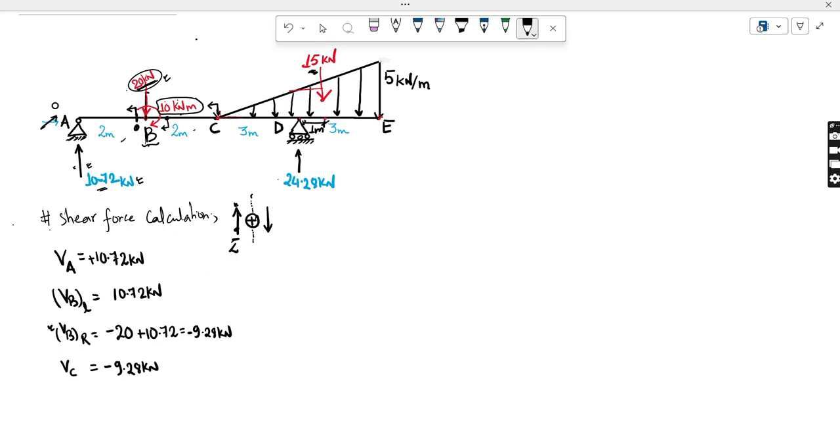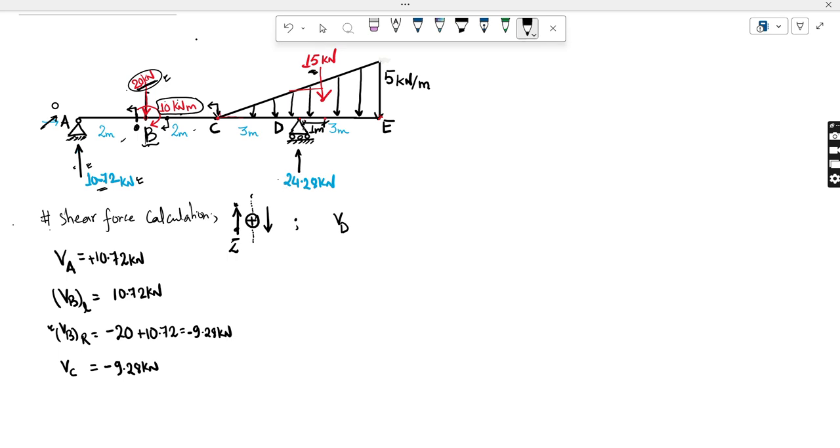Okay, now let me go towards the D point. I think there are going to be some issues here. Okay, I am going for VD. Now I have to do left and right because at D point there is one reaction, 24.28.